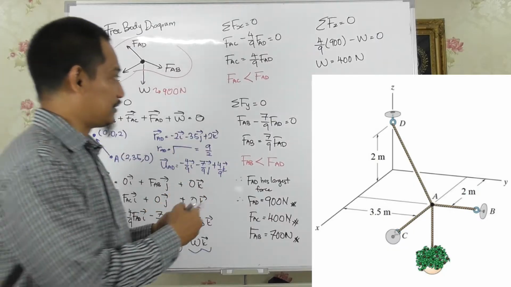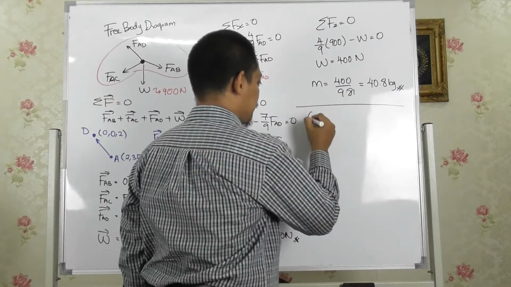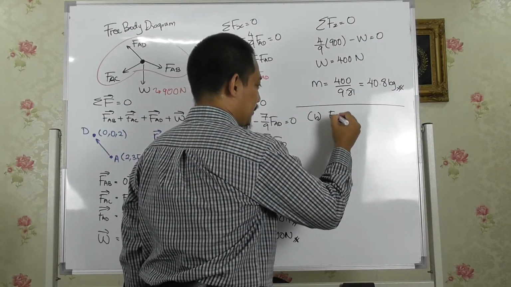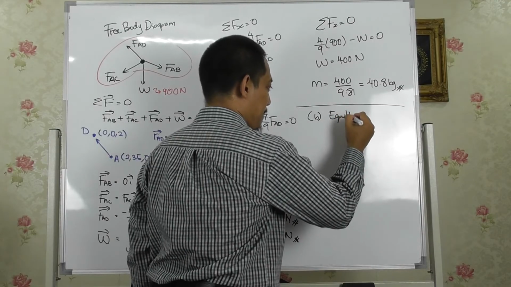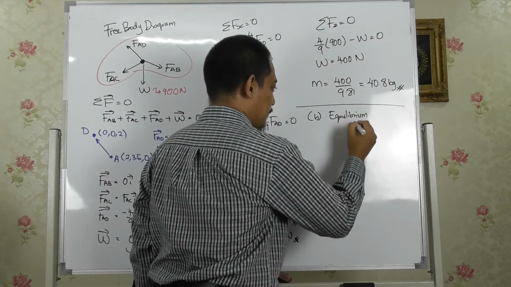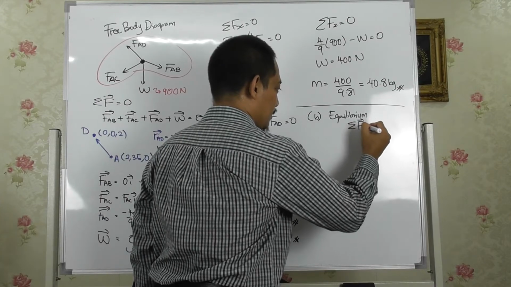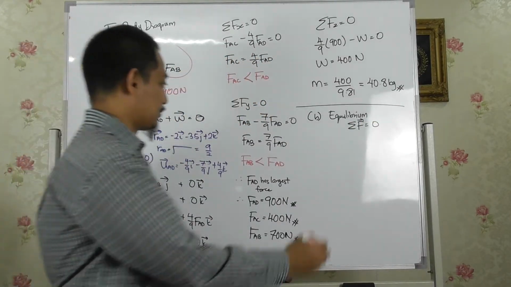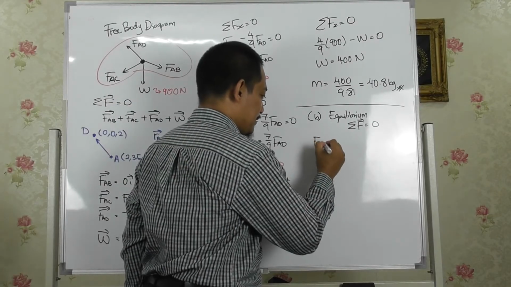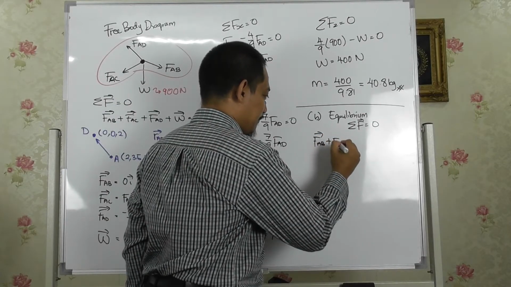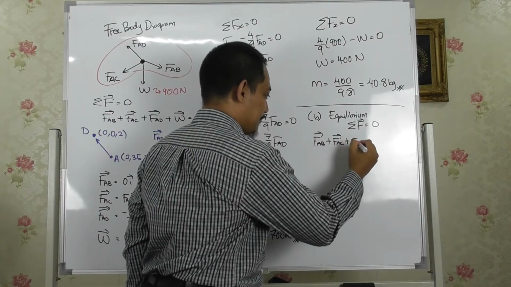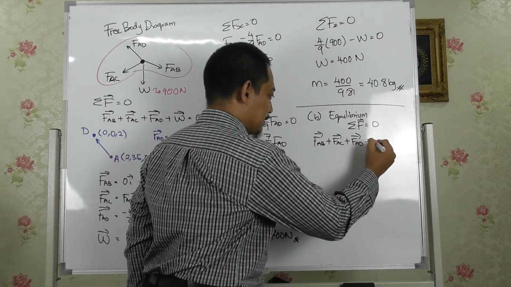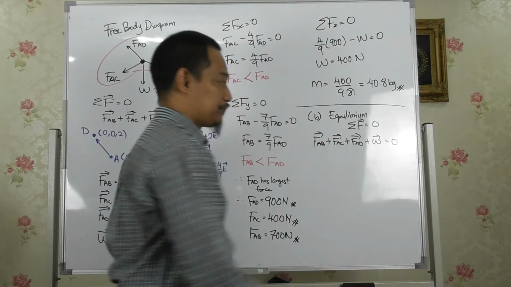Equilibrium means, okay, if I write it here, part B. For equilibrium, summation of all forces equal to 0. Right? So we already have established this one. So FAB plus FAC plus FAD plus W equal to 0.